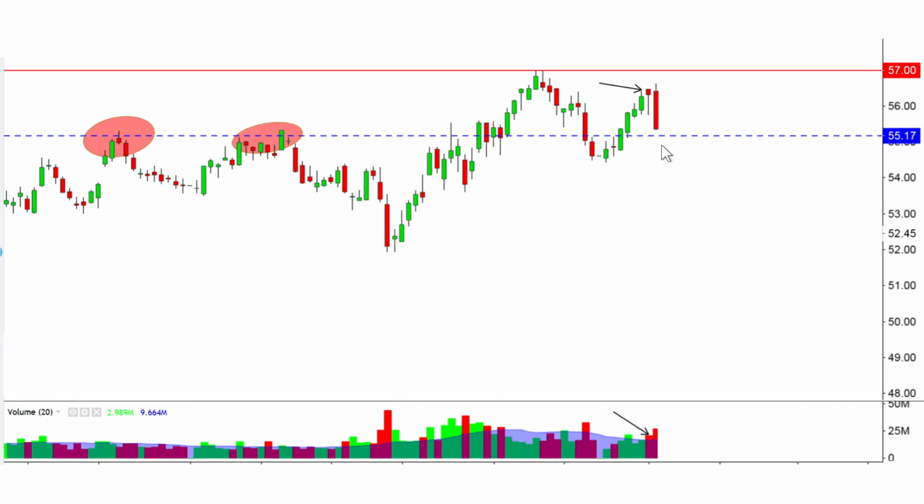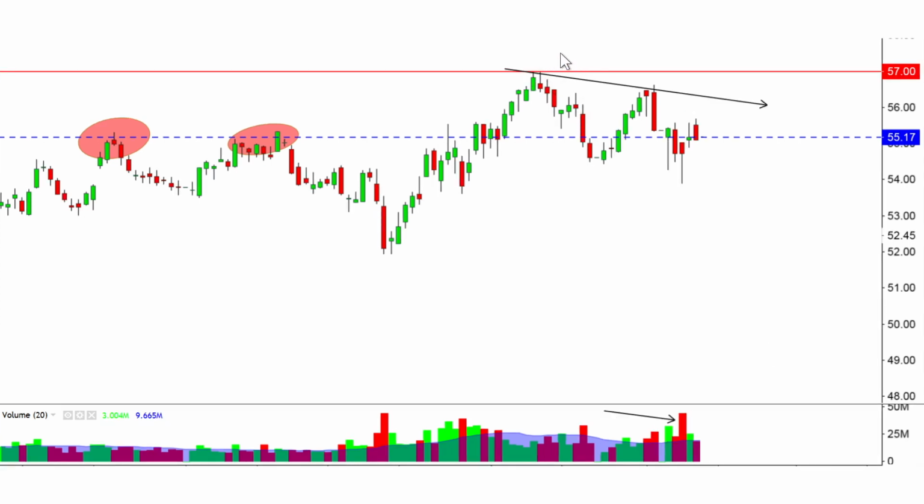Back to the case study with the chart now showing very volatile movement in the short term, rapidly moving back down towards 55 with increasing red volume spikes. A downtrend is certainly developing with these recent down swings.